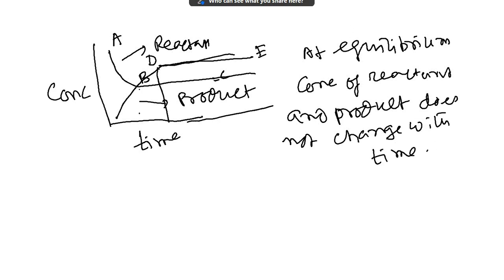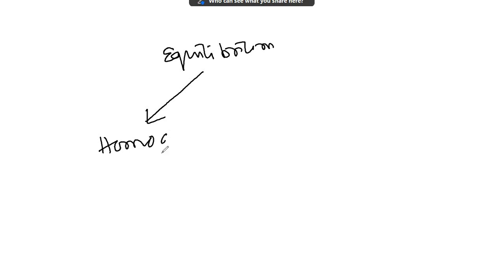Now, the expression of the equilibrium constant. First of all, reversible chemical equilibria are of two kinds. One of them is called homogeneous. The other is heterogeneous.